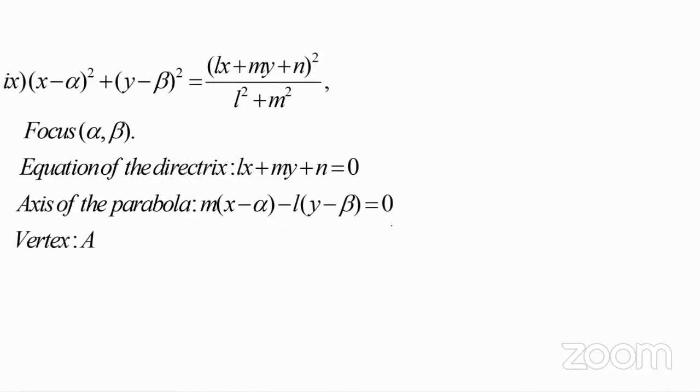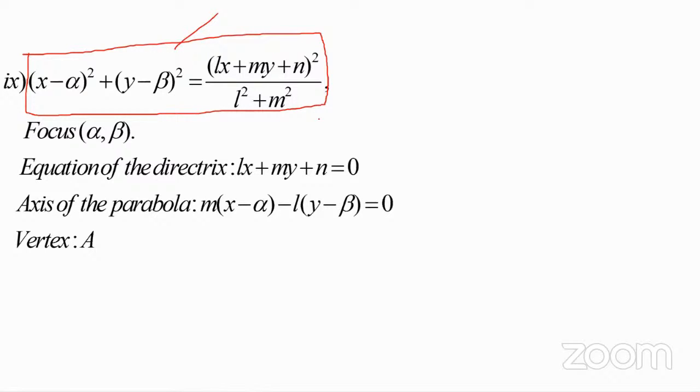That is (x minus alpha) whole square plus (y minus beta) whole square equal to (lx plus my plus n) whole square by (l square plus m square). This is the general or standard form of a conic. From SP by PM equal to e, we get SP equal to e times PM, where e equals 1, so SP equals PM. Here S is taken as the focus, that is (alpha, beta), and lx plus my plus n equal to 0 is the equation of the directrix, and the axis of the parabola is like this.